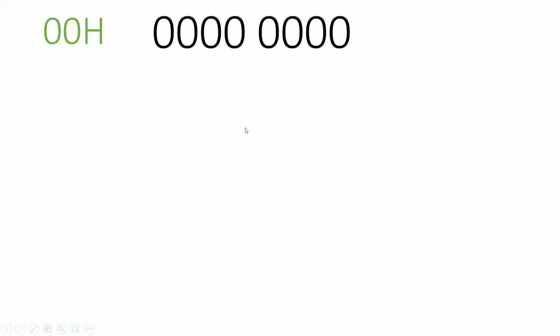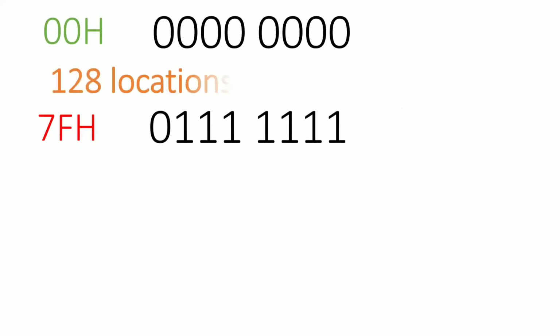How do we calculate the address from the starting location and ending location of the RAM? The starting address location is 000. The ending address location needs 7 ones, and putting 7 ones gives the value 7F. This is how we have calculated the internal RAM, so 7F means your 128 locations, which is 2 power 7.